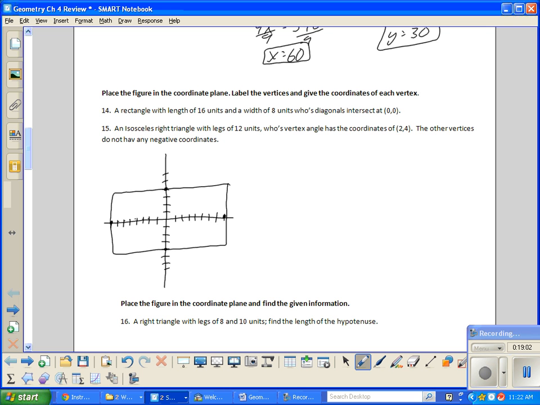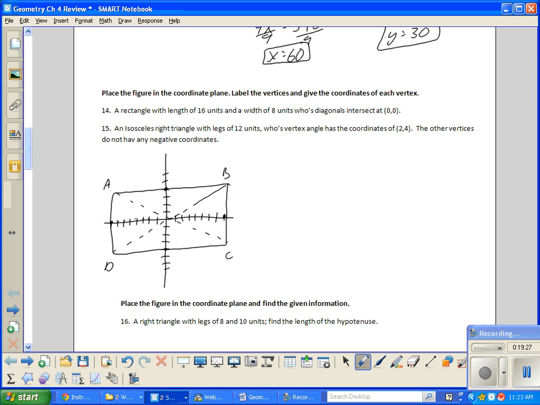Looks something like that. Told us to label the vertices, so A, B, C, D, and then give the coordinates. All right. And so by the description, the diagonals should intersect at 0, 0, which it will when it's centered like that.